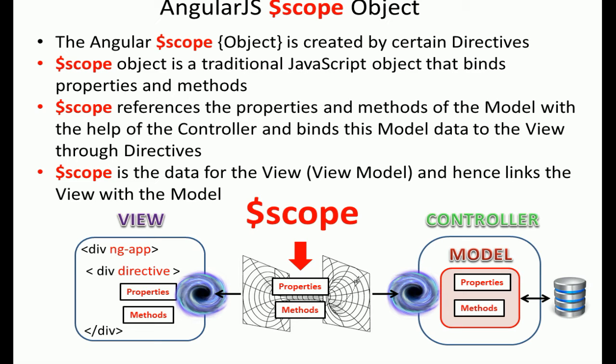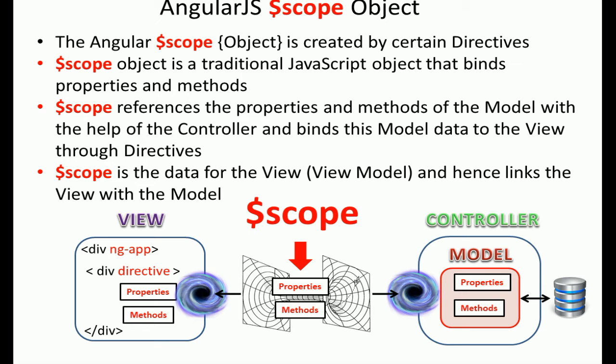Now we have the complete picture of MVC with scope included. The Angular framework creates the scope object. As a JavaScript object, the scope object will bind properties and methods. The scope object, serving as the link between the view and the controller, will shuttle exposed properties and methods of the model to the view.